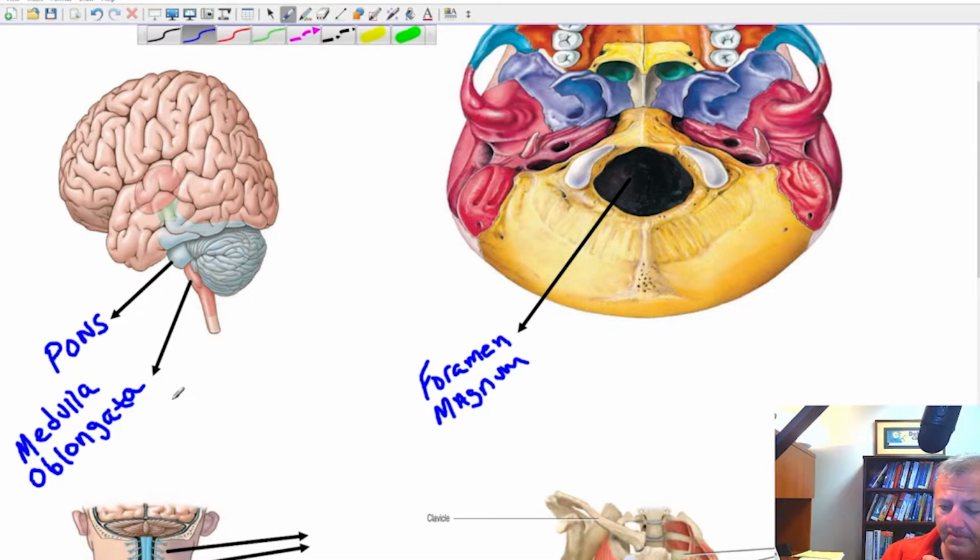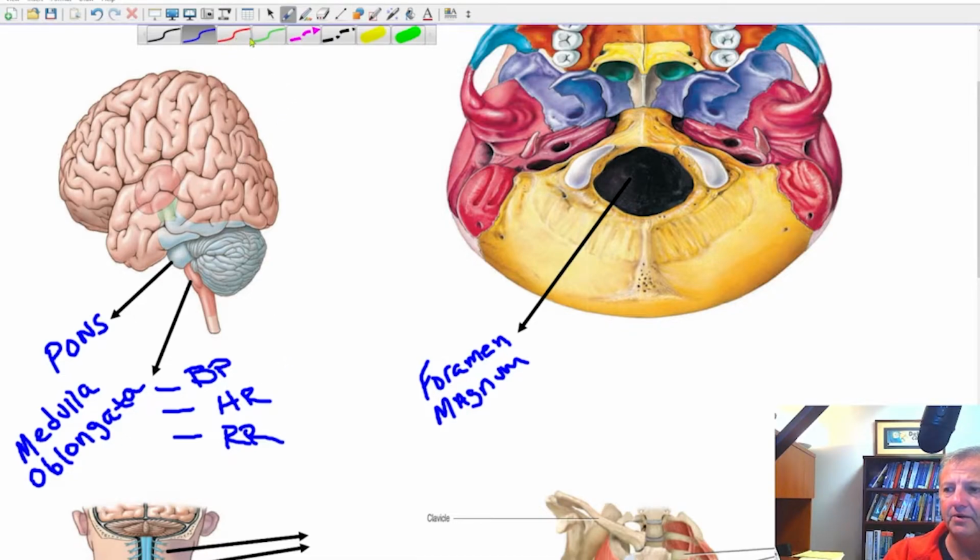So the medulla oblongata contains all of the major centers that regulate autonomic function. And so we know autonomic function to be blood pressure, heart rate, and respiratory rate, right? Blood pressure, heart rate, and respiratory rate.